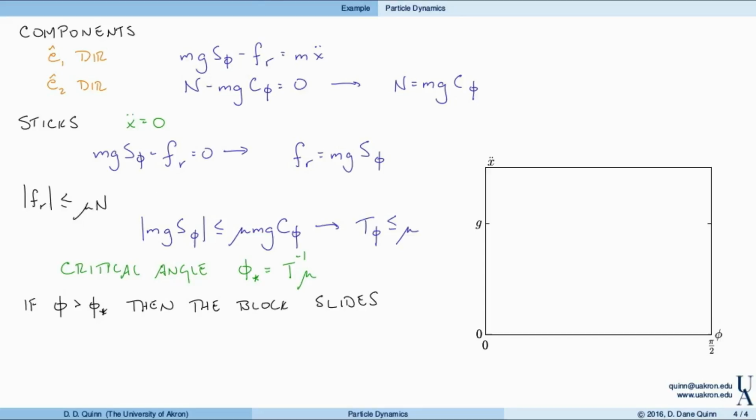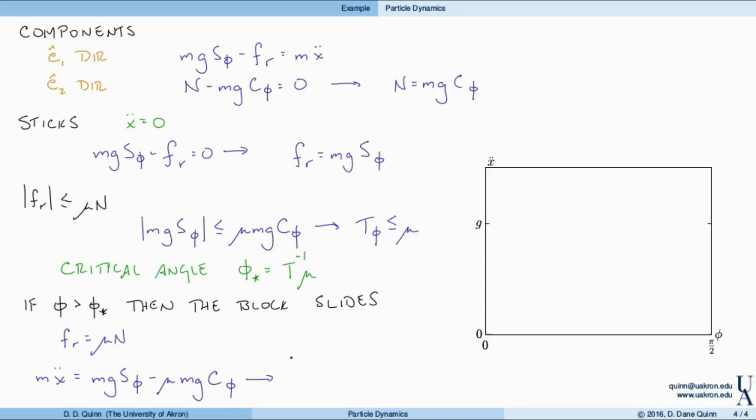In particular, Fr is equal to mu N. So we can go here and find that m x double dot equals mg sine of phi minus the friction force, which is mu times N. And of course N is mg cosine of phi.